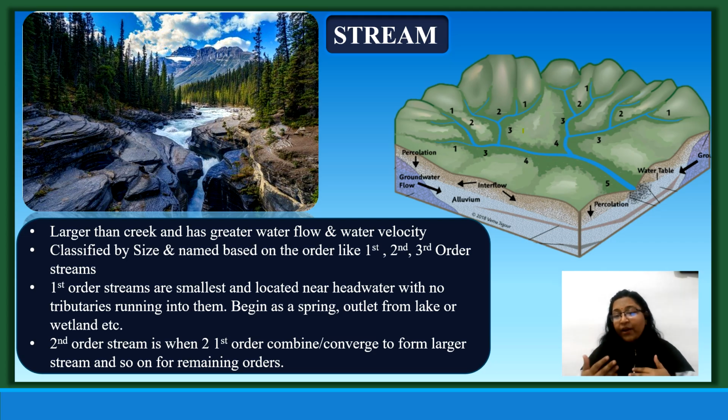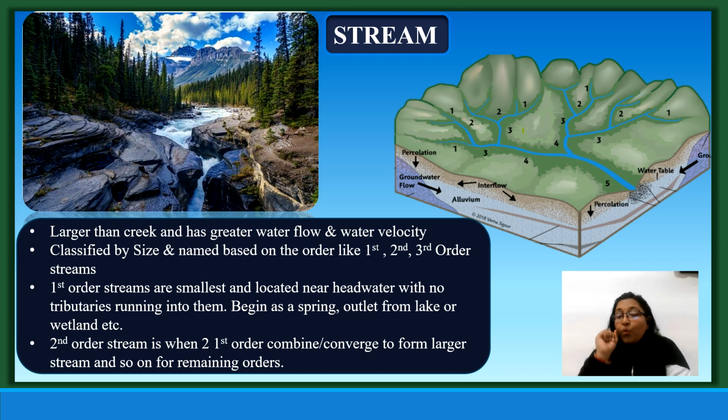It's very interesting actually. So ultimately, when a large number of streams come together, they form a larger river. That's how streams are named, and that's how we distinguish between the different types of streams.